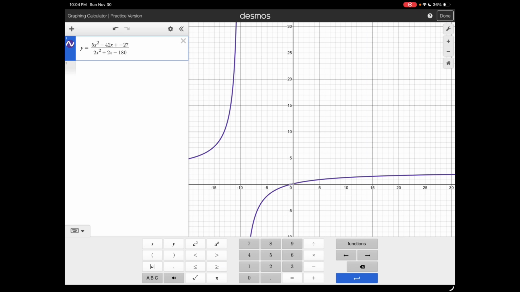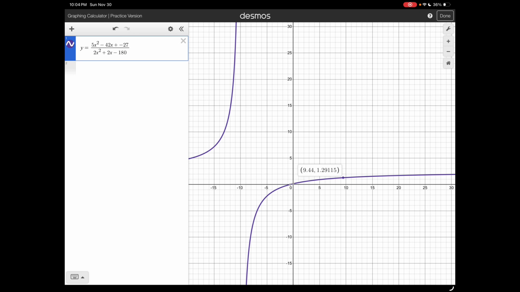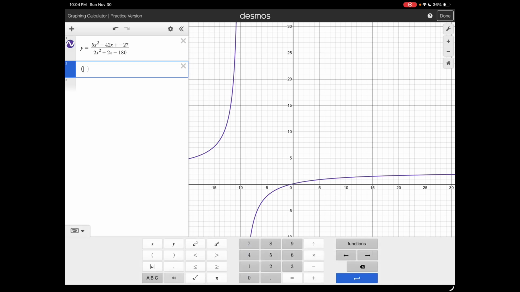All right, so originally it said that our hole was at 9. If I go to 9, we can see it's undefined right there. And then I can put in my point (9, 24 over 19), and that's where it does show that hole we just found. So you can always check that when you need to.